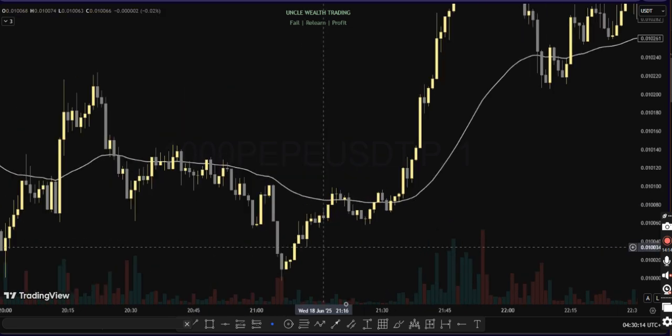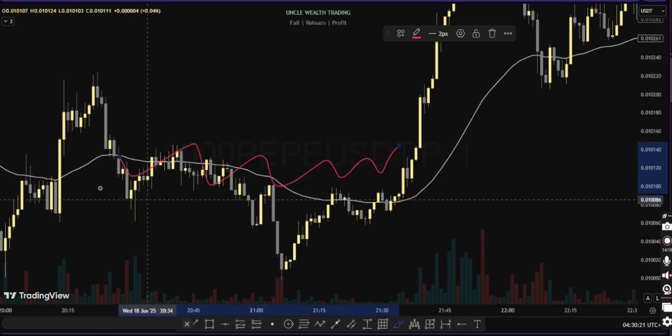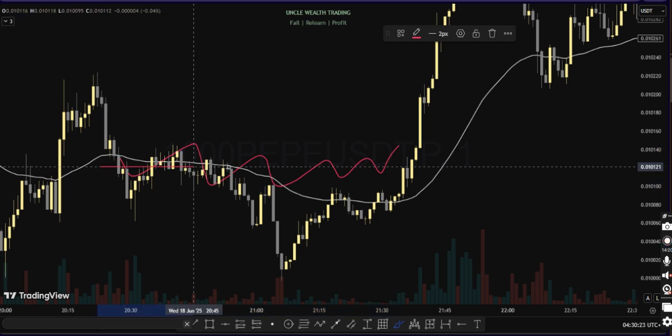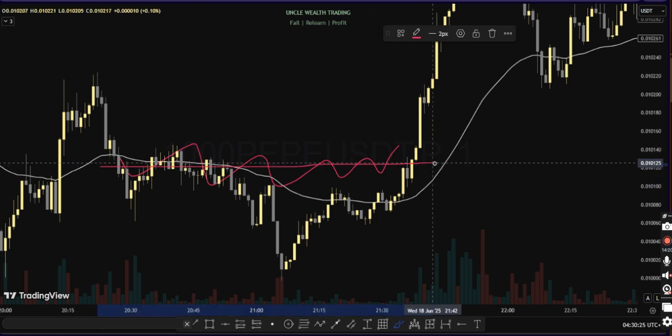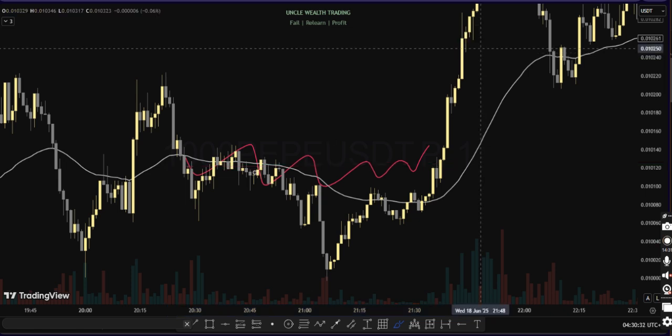And when you see the EMA 50 behaving like a wavy line with an invisible horizontal line in the middle, let's call it a 180 degree horizontal line, what you can say is that the market is ranging.